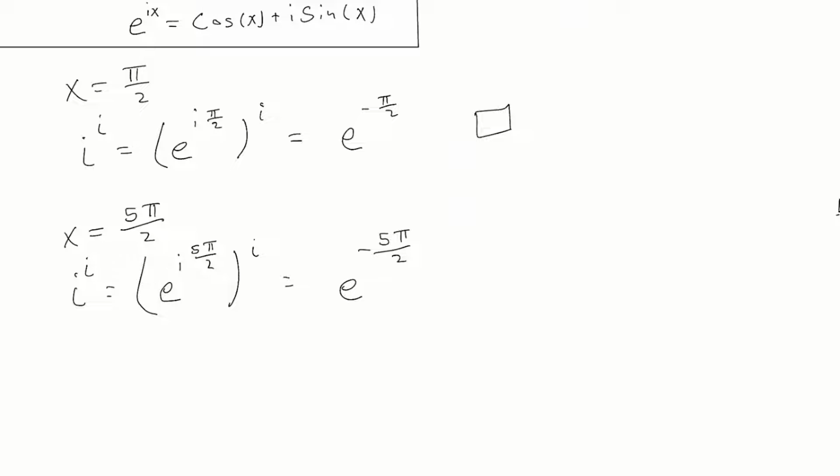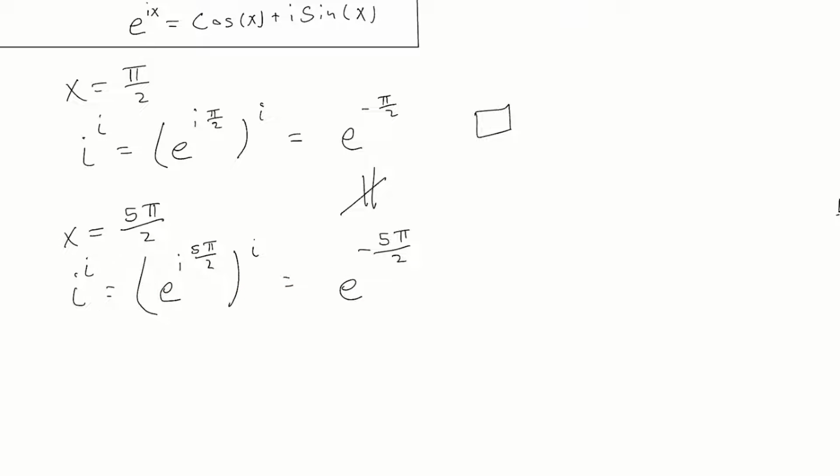But wait, these two numbers are not the same, so not equal. So what's going on here? i to the i should be the same, so these should be equal. But if you go down this way, you get a different answer than if you go down this way.